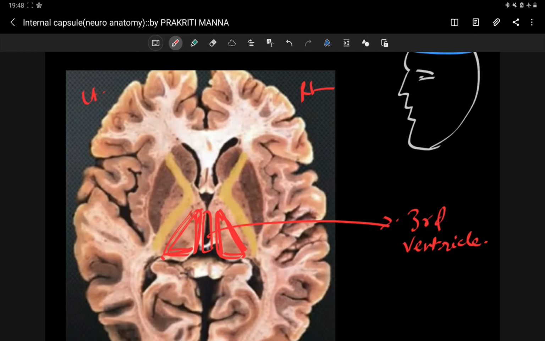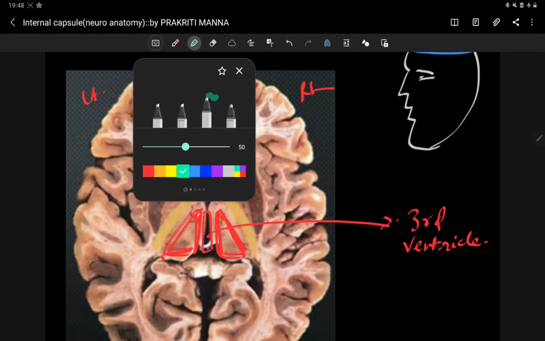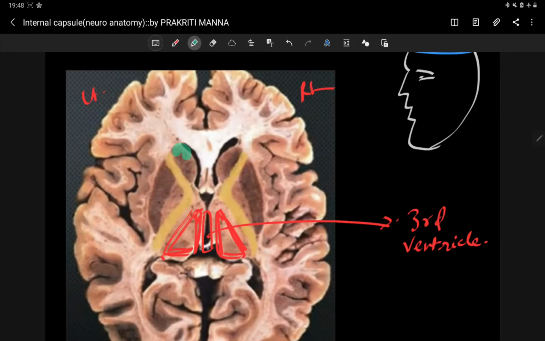And you can see another structure here. This green colored structure, I highlighted it with green. This is nothing but your caudate nucleus. So I'm writing here caudate nucleus.